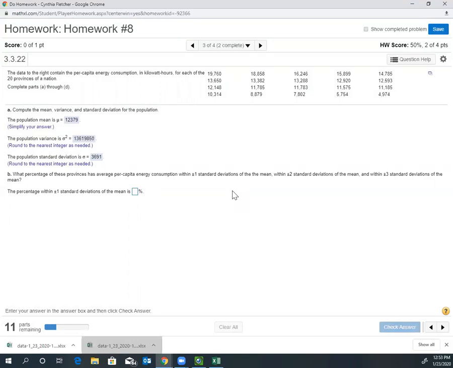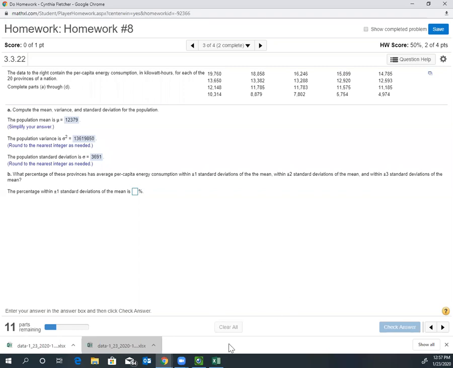All right, so in order to do this, I need to figure out my minimum and maximum value and count the number of data entries that fall between that minimum and maximum.